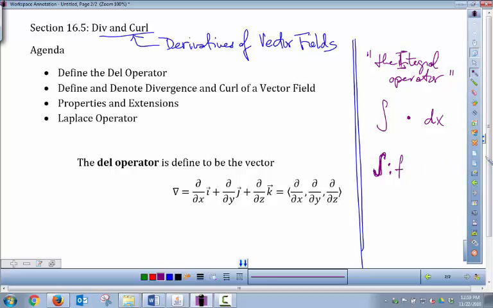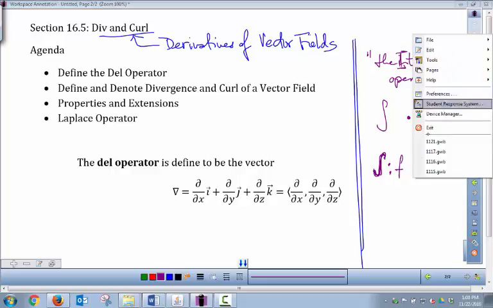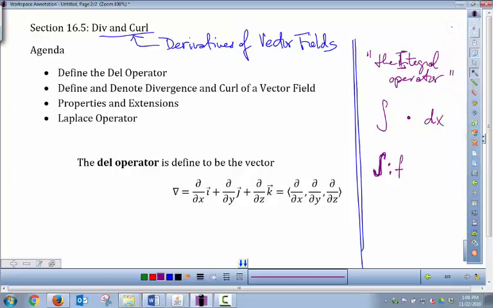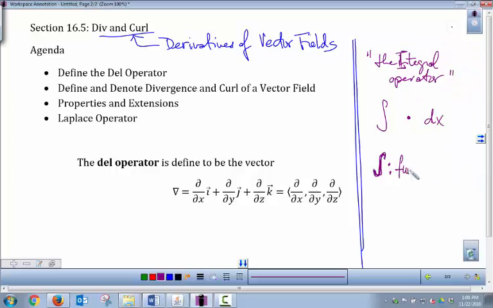My abbreviated notation doesn't look very good there. So it takes a function and then gives you another function. So that's generally how these operators work.